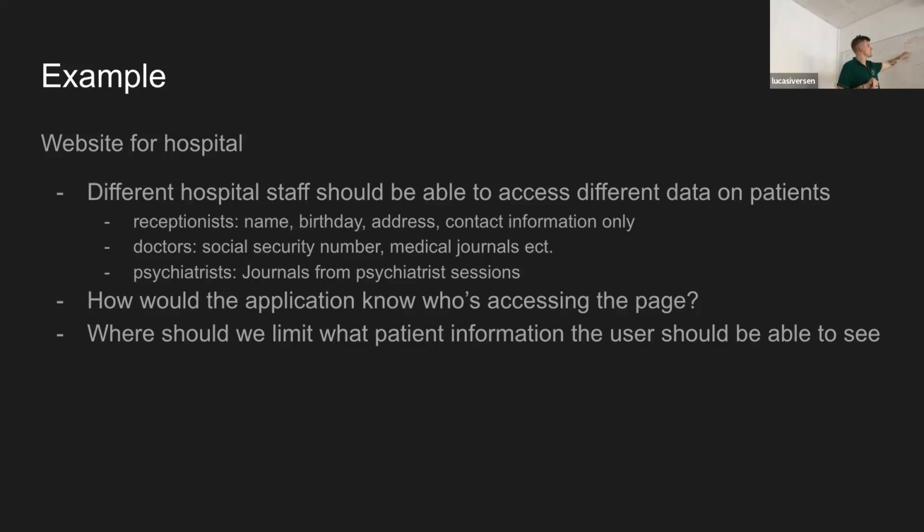Because if it happens on the client, there is a chance that the user who's accessing this page will be able to mess with the information, or will be able to read some of this information. And we don't want that to happen. So whenever we access a new page and the server knows what kind of user you are, it should limit the data and only send the data to the client that the client should be able to see.